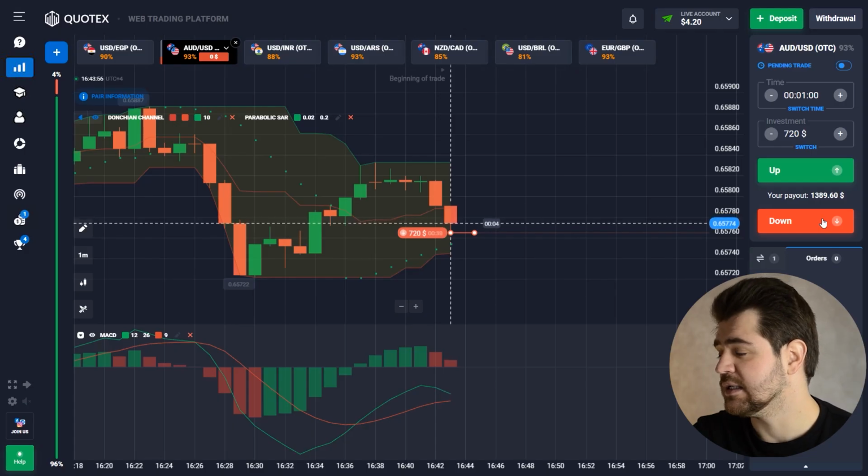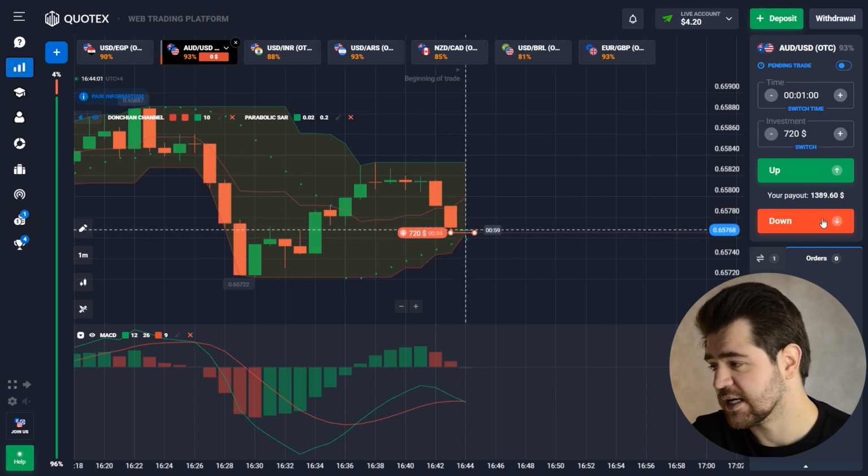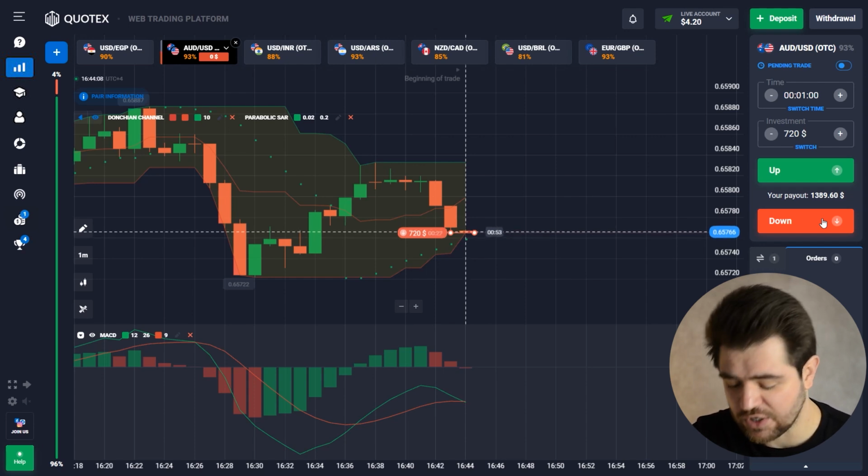And in conjunction, you can make the decision towards, in this case, a put option on small time frames, obviously. So let's wait for the result of this and continue.